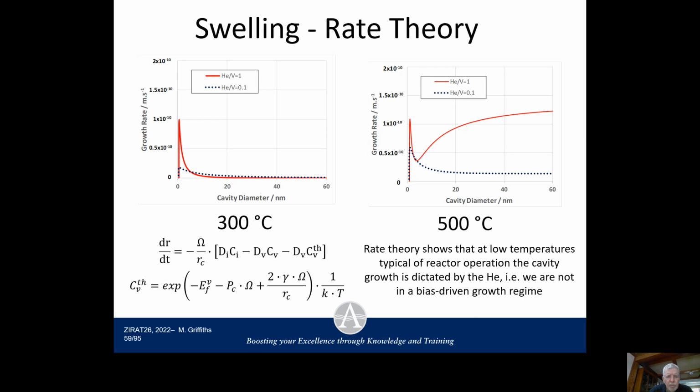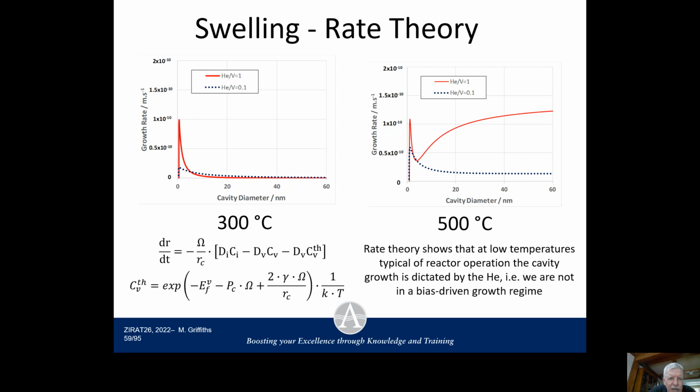So when one makes the transition, both with temperature and or helium content, one can model the swelling behavior of materials for a given set of conditions. And this just shows some typical outputs of these models. And they depend largely on the amount of helium relative to vacancies you have.